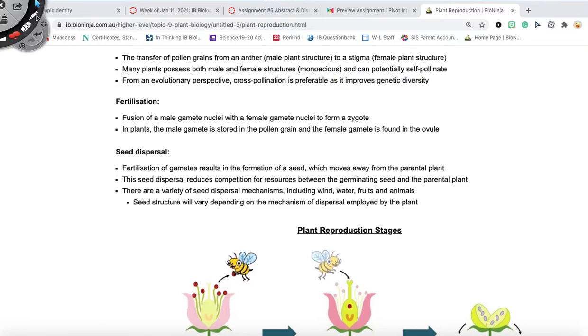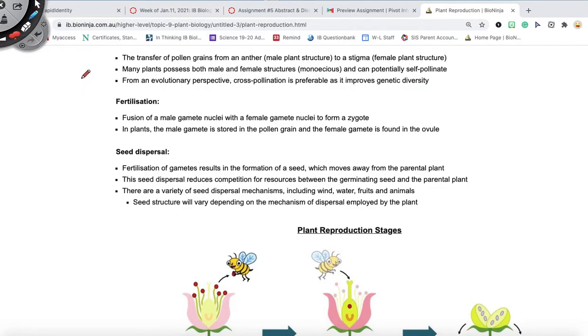So from an evolutionary perspective, cross-pollination is preferable because that's going to improve the genetic diversity and help out if, for example, this plant is attacked by a virus. It has a better chance of survival if there's some type of genetic diversity.